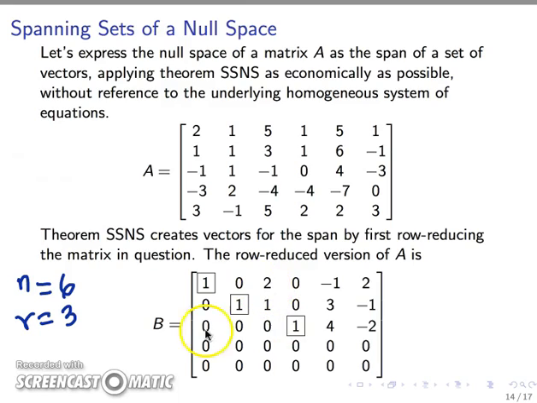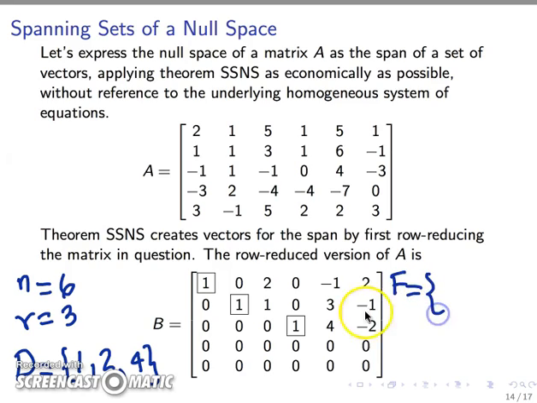In this case the set collecting the indices of dependent variables, set D, is 1, 2 and 4. On the other hand, the set that we call F collects the other indices: index 3, index 5 and index 6.